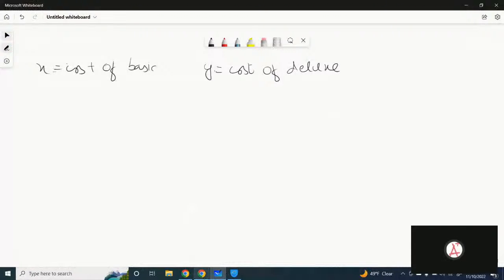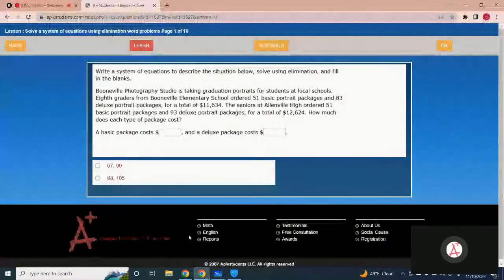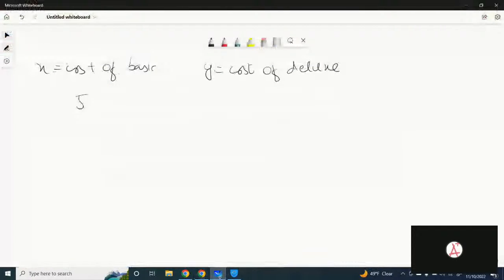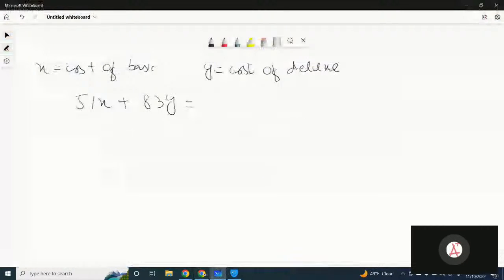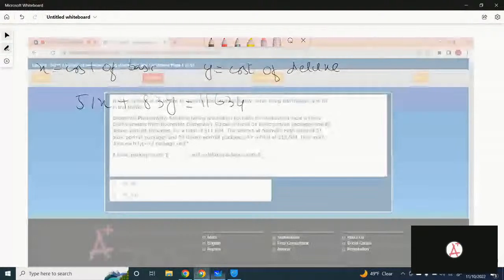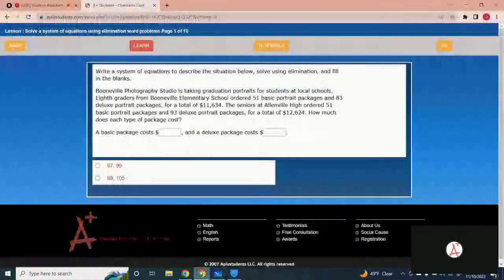For the first one, it is 51 basic packages and 83 deluxe. So it would be 51x plus 83y, and the total cost is 11,634. Okay, and then the second equation is 51 basic portraits and 93 deluxe.